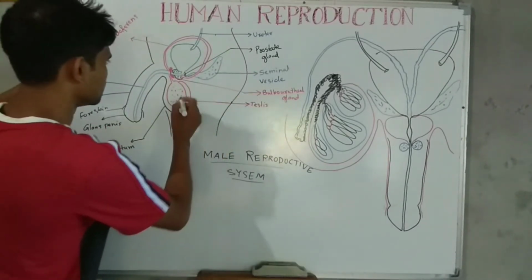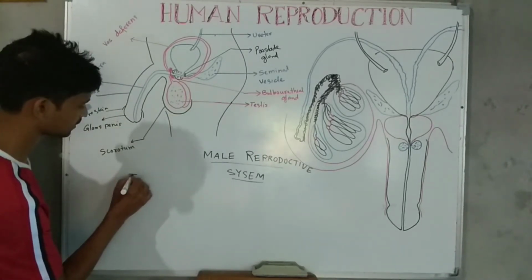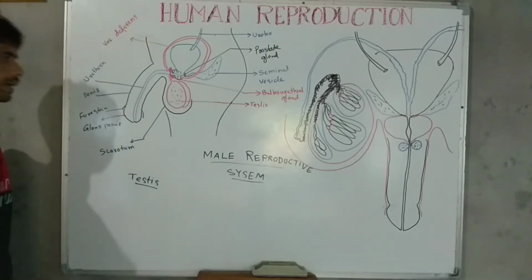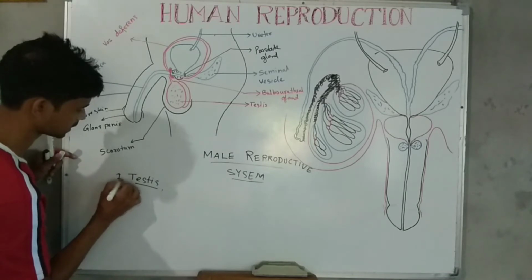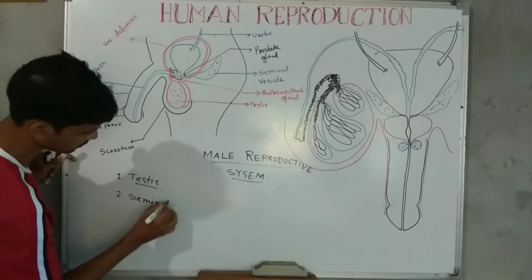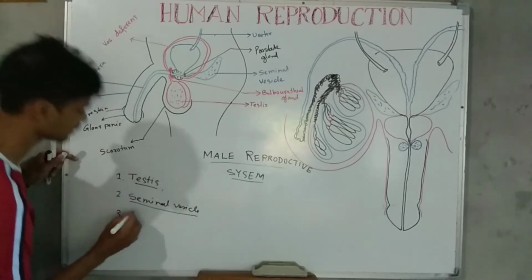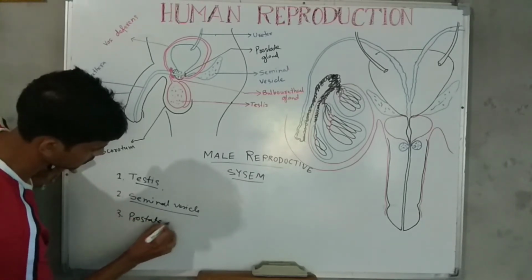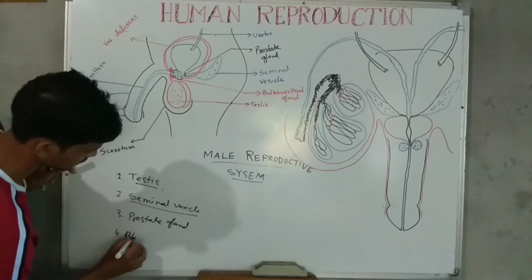The main reproductive parts are the testes, then some glands like the seminal vesicle, then thirdly the prostate gland, and the bulbourethral gland.